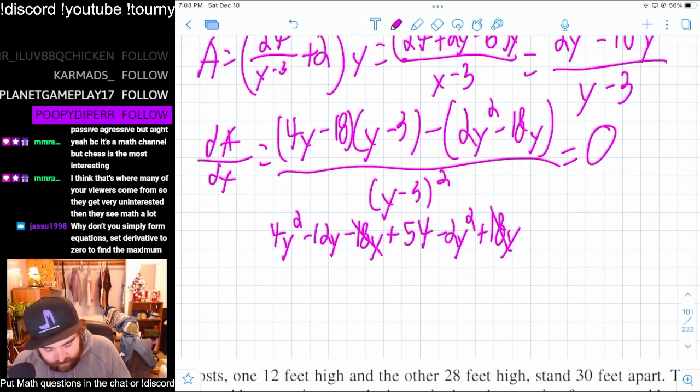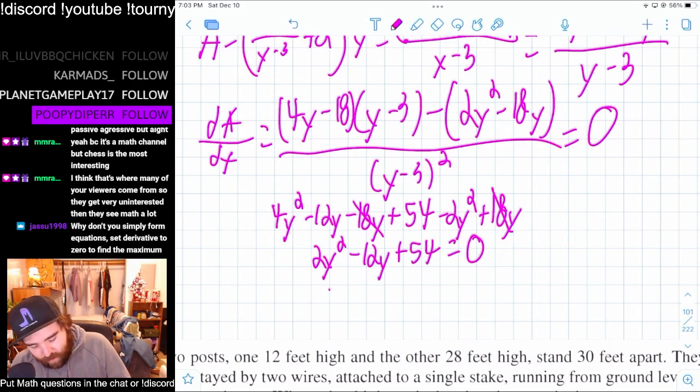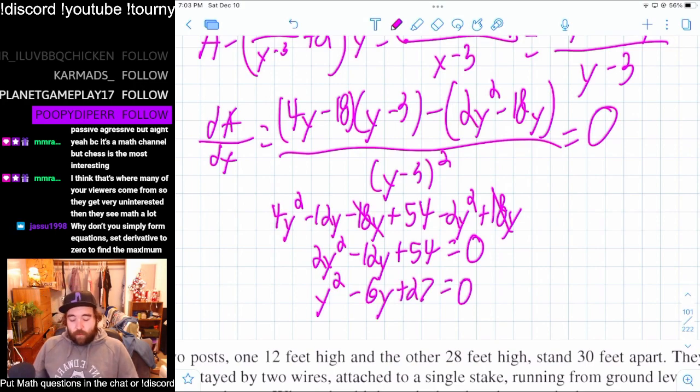Okay, so that's nice that that goes out. Oh, no, because you still have the minus 12y. But that does go out. So we have 2y squared minus 12y plus 54 equals 0, and we can divide everything by 2, so y squared minus 6y plus 27 equals 0.